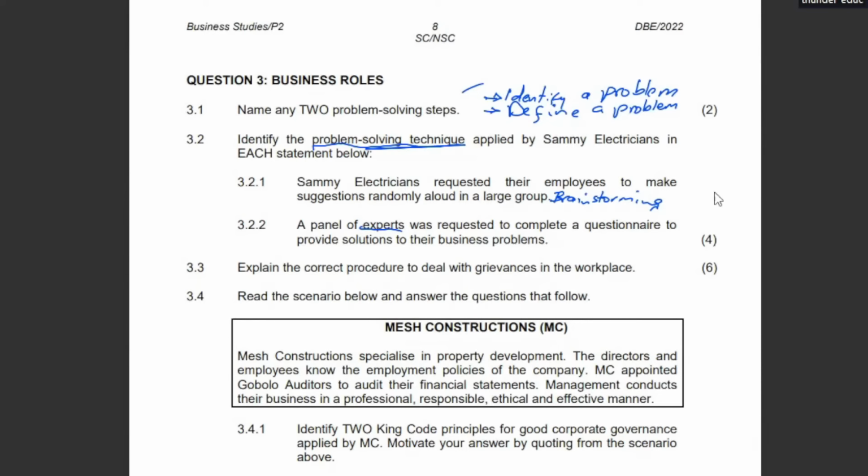So remember, Mr. Delphi in these arguments is pointing out that if there is a problem that a business cannot solve at their level, they should invite experts from outside the business. So now we are saying that here we have what you call the Delphi technique.